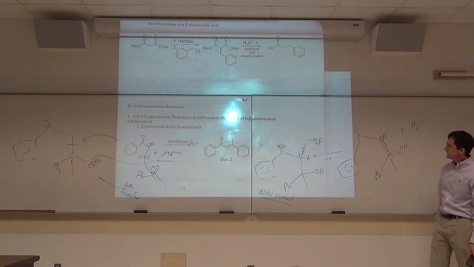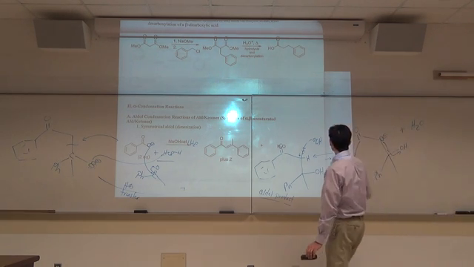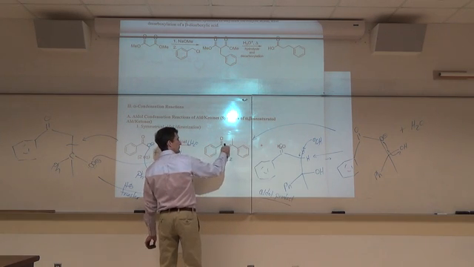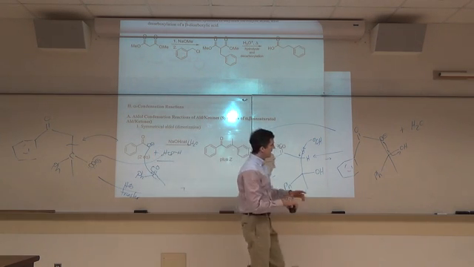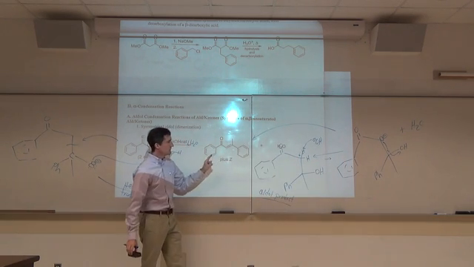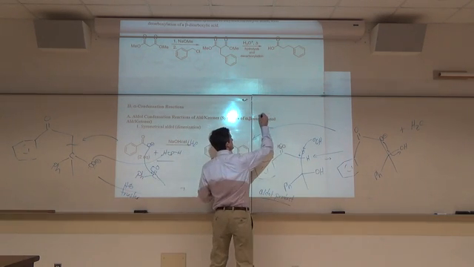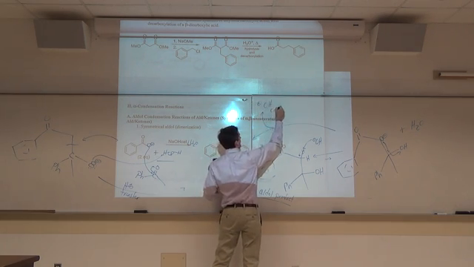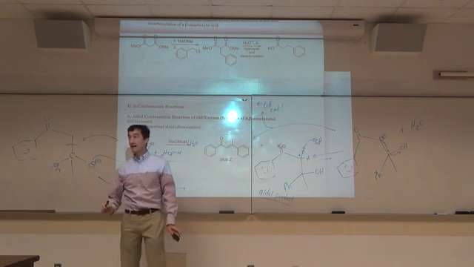What does this electron movement give? It gives a double bond between here and this carbon, which has a phenyl and a methyl. Plus what? What was the leaving group? Yes. We've reformed our catalyst again.